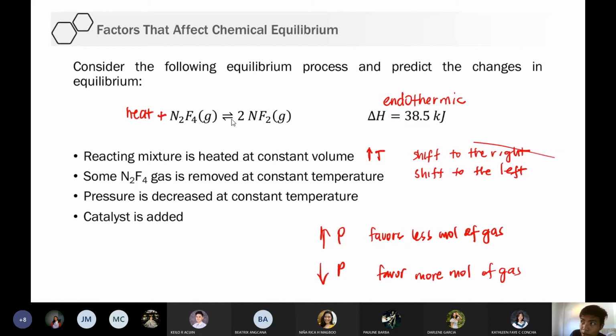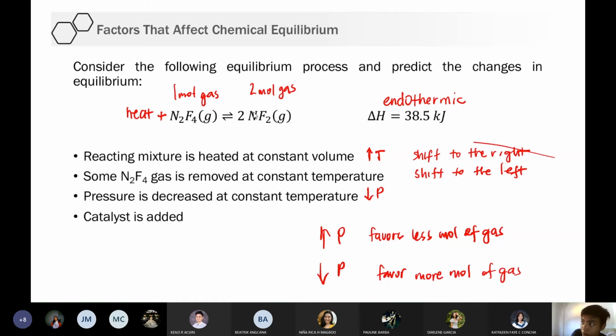So just look at the stoichiometric coefficients of your gases. On the reactant side, I have 1 mole gas. On the product side, I have 2 moles gas. So if I decrease my pressure, I will favor the side of the reaction that has the more moles of gases.